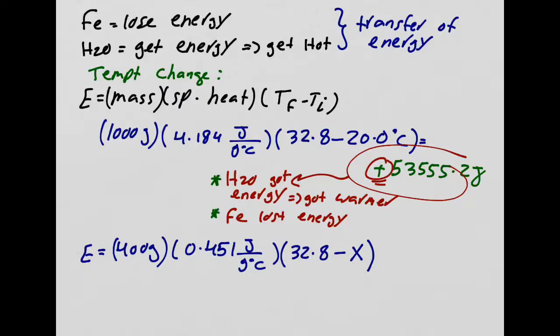Now, this is very key. Iron lost the energy, so it's minus 53,555.2 joules of energy. This matters. If you don't put that in, you're not going to get the right number.